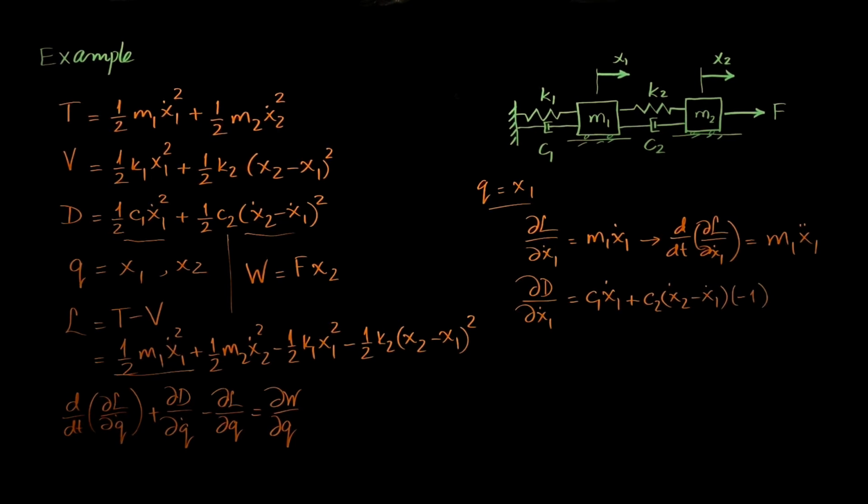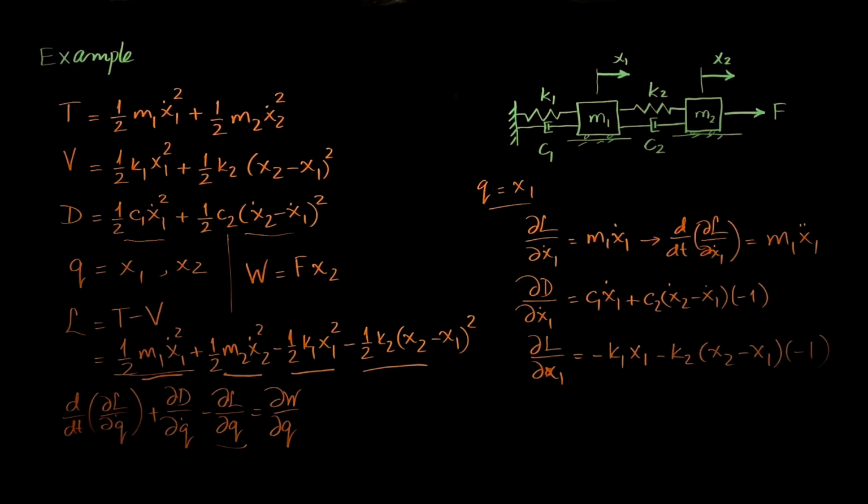And the third term in the Lagrange equation, partial L partial x1, equals the first term 0, no x1, no x1, and here's x1, so that's negative k1 x1, and here we have negative k2 (x2 minus x1), and the derivative inside the bracket with respect to x1 is -1.